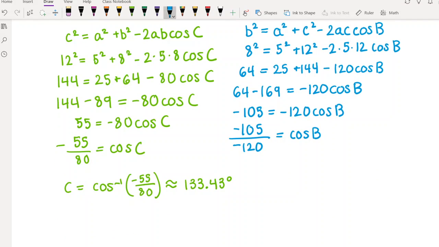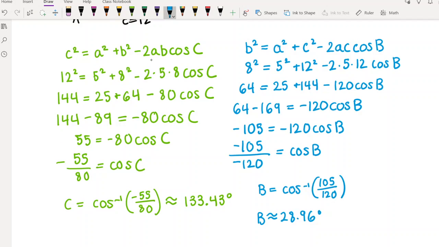I'll just get rid of the negative signs. We can find B by doing inverse cosine of 105 over 120. Inverse cosine of 105 divided by 120 gives us B is approximately equal to 28.96 degrees.